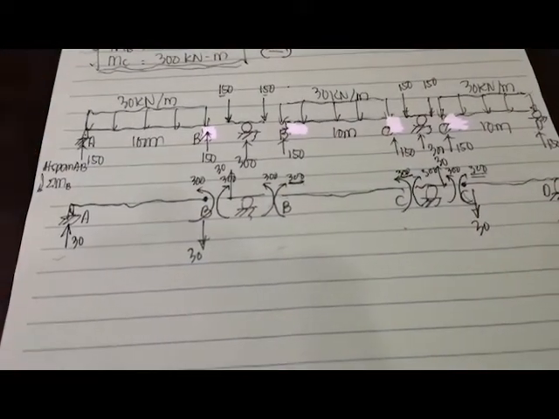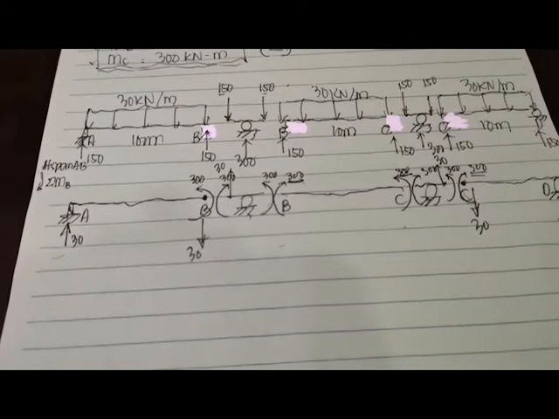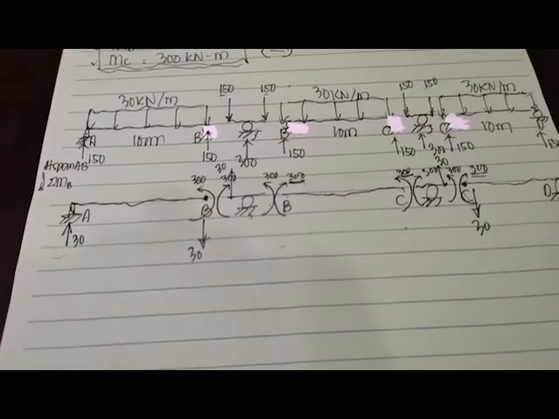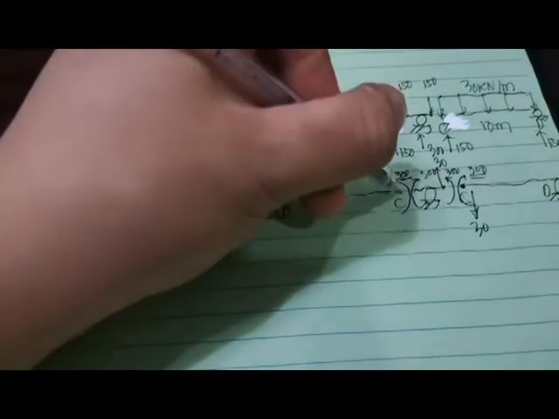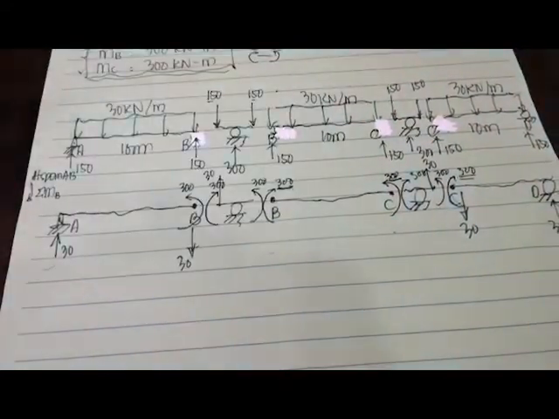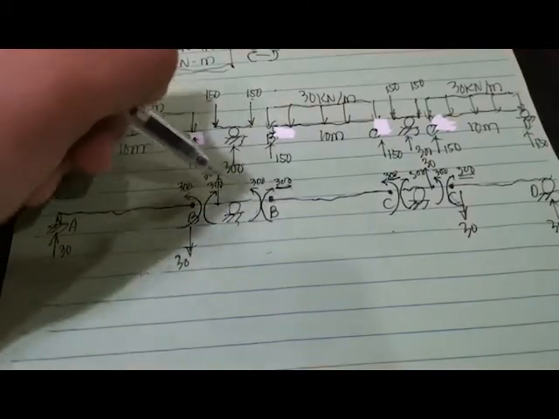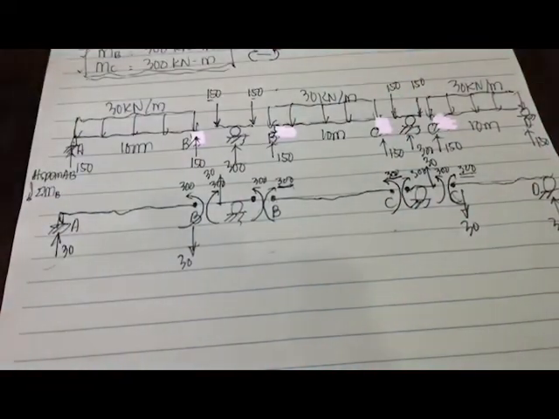So 300 minus 300, plus x times 10 is equal to 0. Okay? So we don't have any reactions here due to the internal moment. So therefore this will be equal to 0. This is equal to 0.